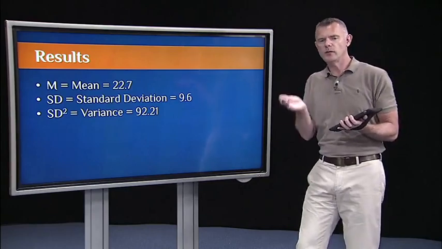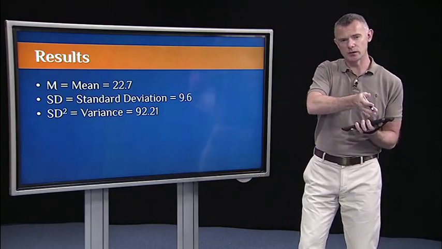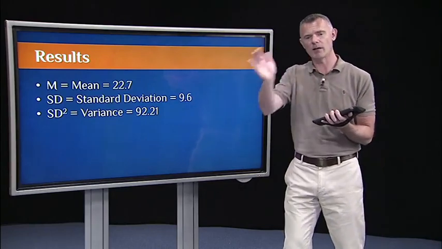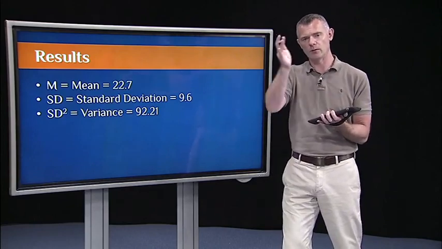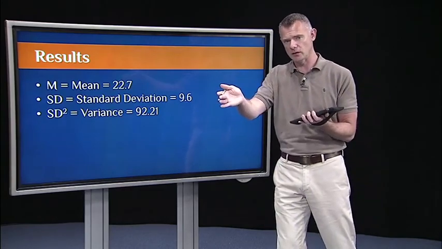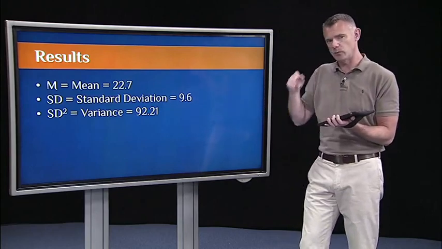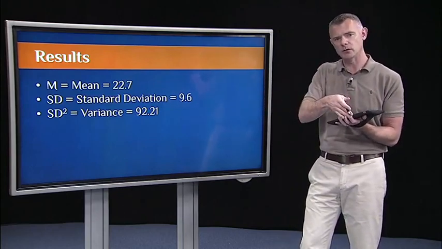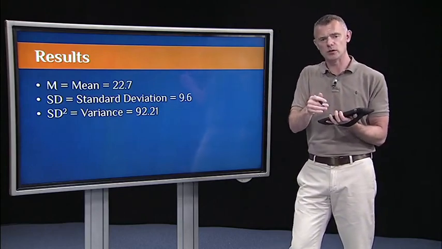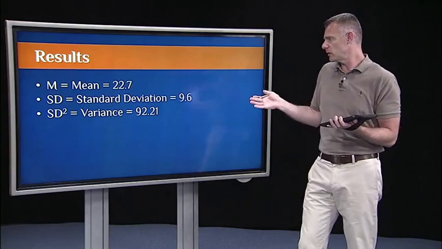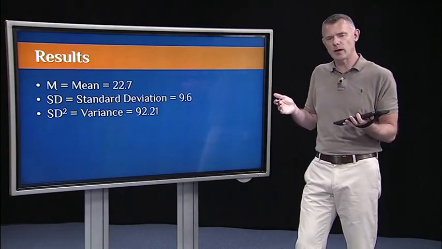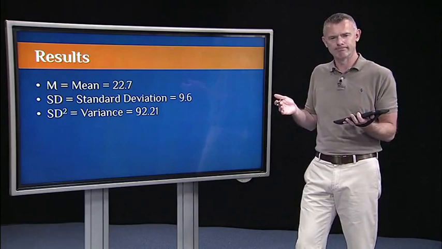By taking the square root, that brings us back to the units that we started in. Remember, we had to square everything to get rid of sign when we went from deviation scores to squared deviation scores. So this last step, taking the square root, brings us back to the units we were in, which is points per game. What this is saying is, on average, he was fluctuating about 10 points per game.